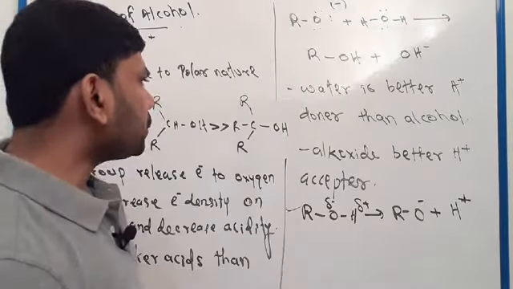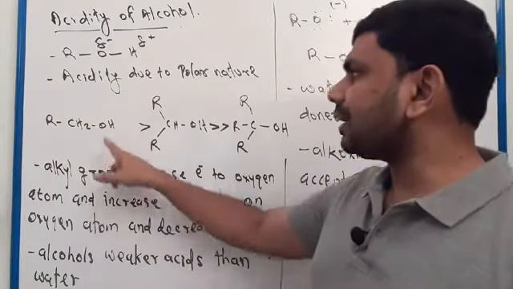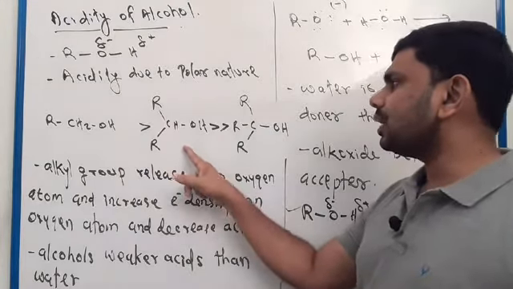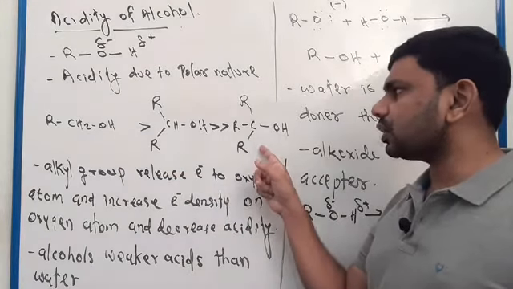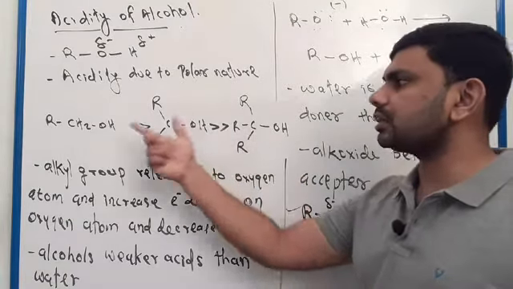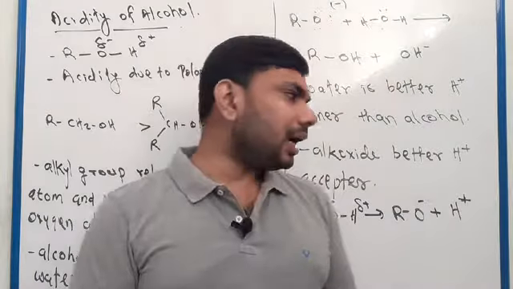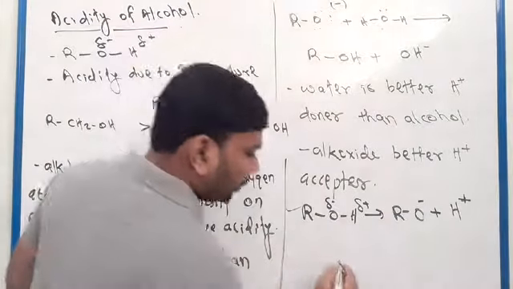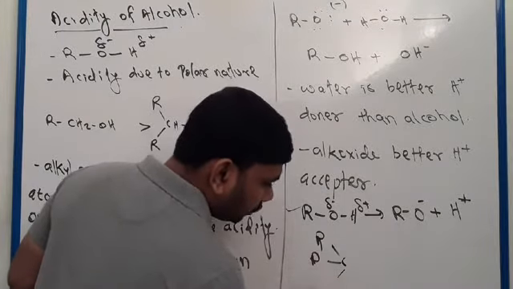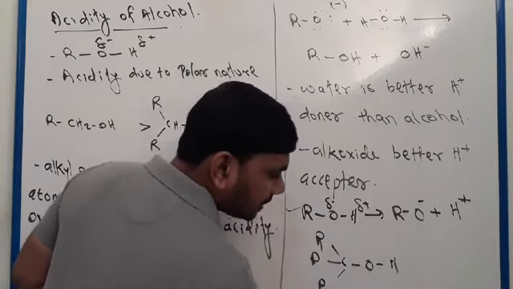Okay, look here, the order of acidity of alcohol. Primary alcohol is more acidic than secondary alcohol and tertiary alcohol. Tertiary alcohol is a very weak acid compared to other alcohols. If there is an alkyl group, this alkyl group has a plus I effect.